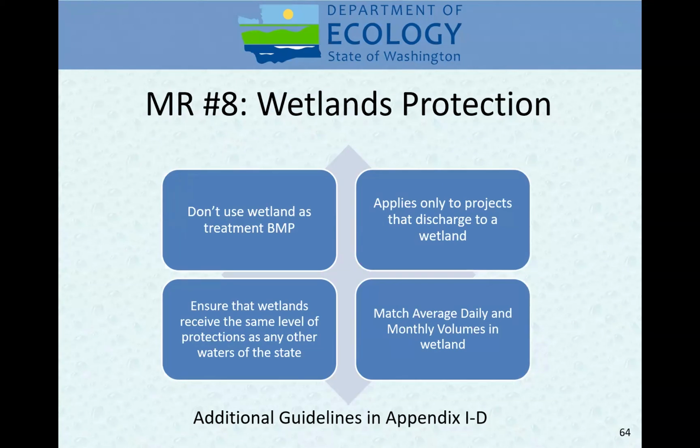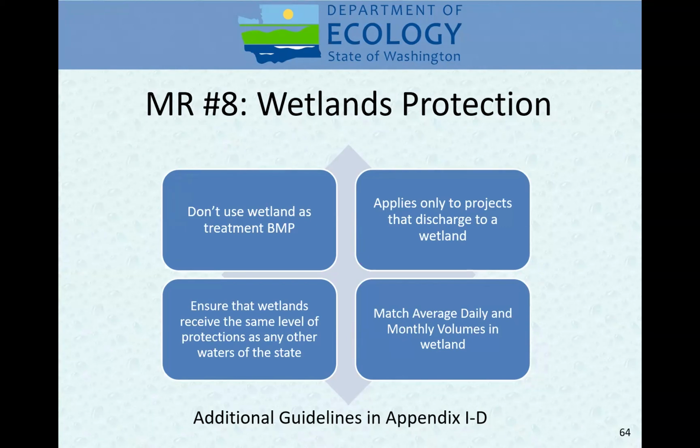The big thing I want to get across is you cannot use an existing wetland for flow control or treatment. If you're discharging into an existing wetland, either on-site or off-site, but you're going directly into it, all your treatment and flow control BMPs must be completed prior to the wetland.